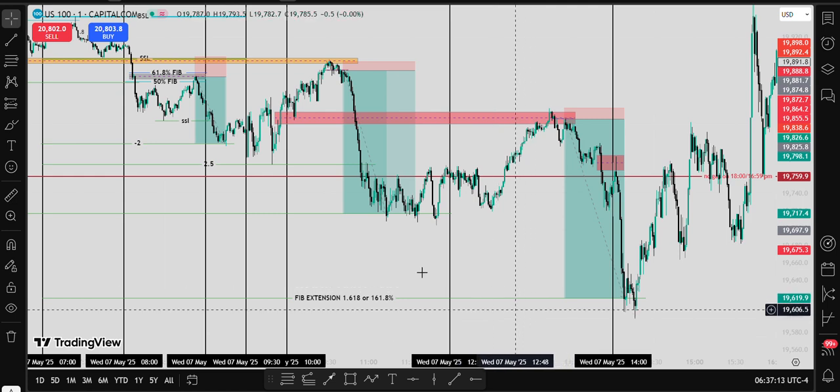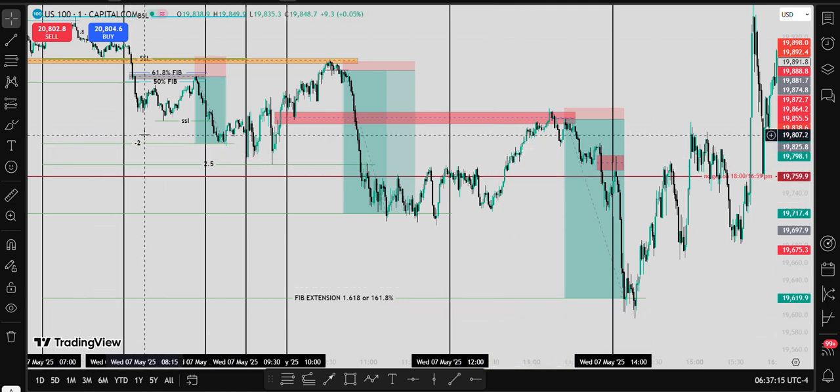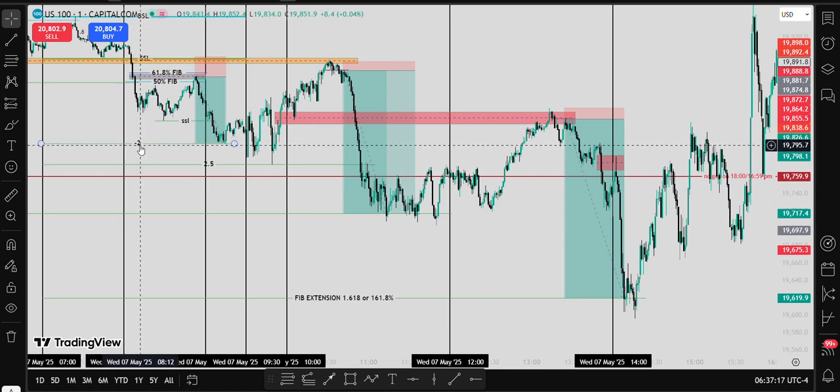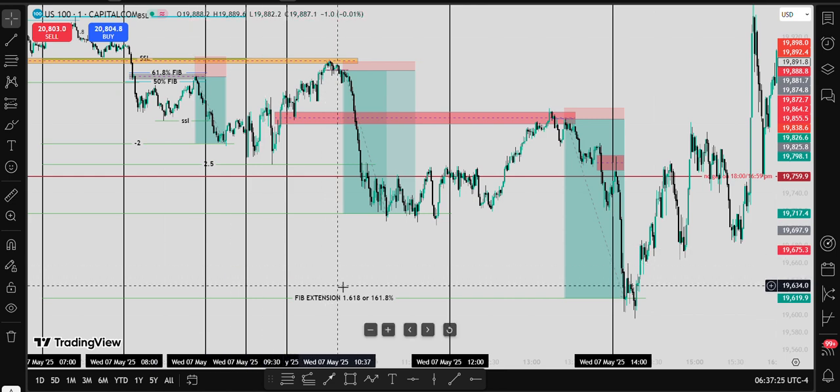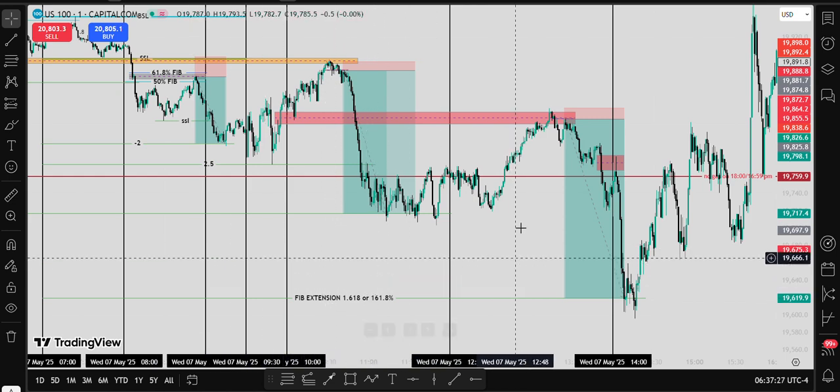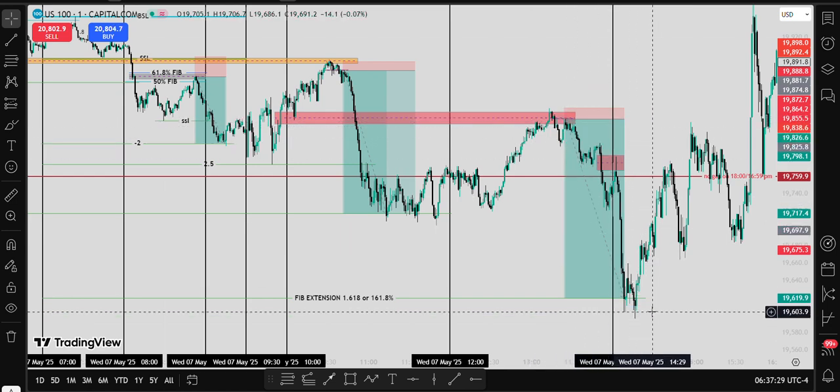I've shown you how to measure using the standard deviation tool, that fib that I had introduced.